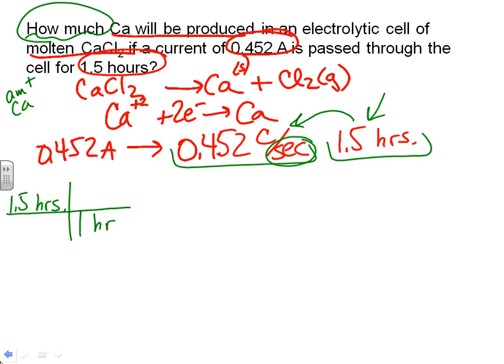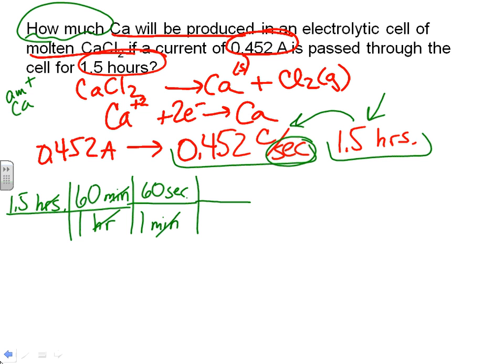So 1 hour, 60 minutes, and then 1 minute, 60 seconds. What we're doing is turning our unit of time into the unit of time that is used in amps. Amps is coulombs per second, so I want to get the hours into seconds. Hours have canceled, minutes have canceled, now I'm at seconds.